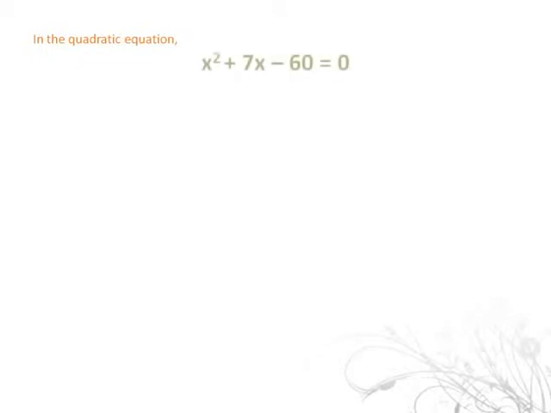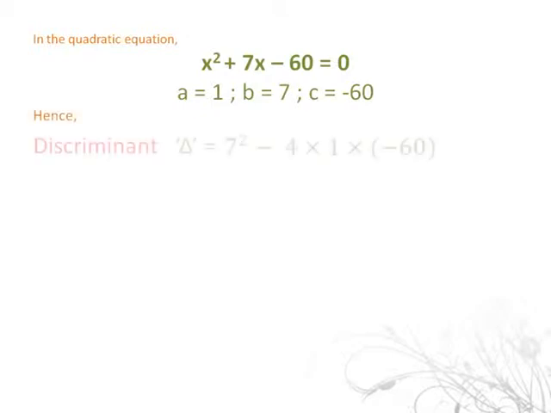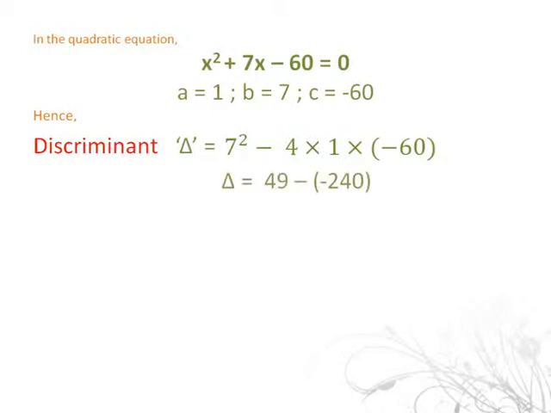In the quadratic equation x square plus 7x minus 60 equal to 0, a is 1, that is the coefficient of x square is 1, b is 7, that is the coefficient of x is 7, and the constant c is minus 60. Substituting, we get discriminant delta equal to 7 whole square minus 4 into 1 into minus 60, which on simplification gives 49 plus 240, or simply delta equal to 289.